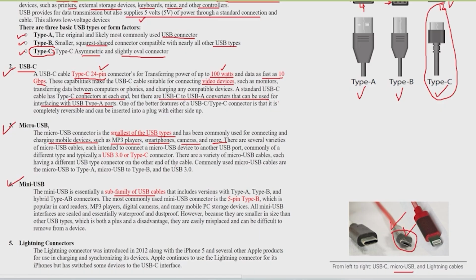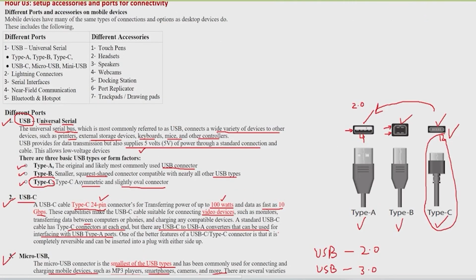See, the USB ports commonly used are typically USB 3.0 and Type C. So you can use 3.0 and Type C. So what is meant by USB 2.0 and 3.0? If you look inside your computer and the plate is white or black, both colors come, that will be USB 2.0.